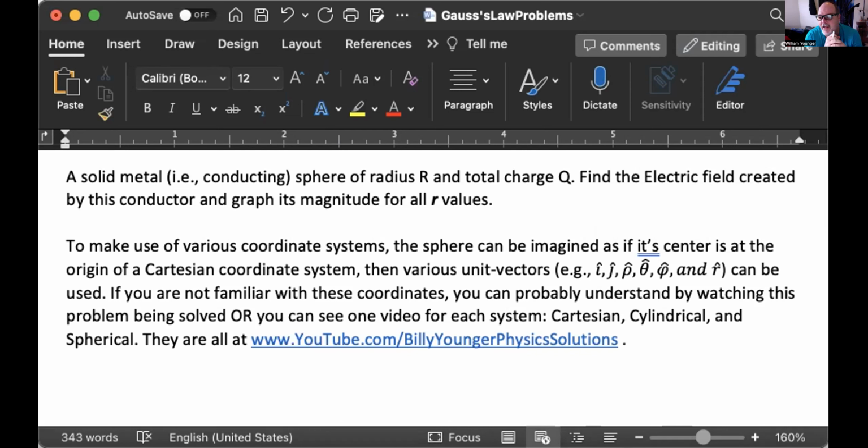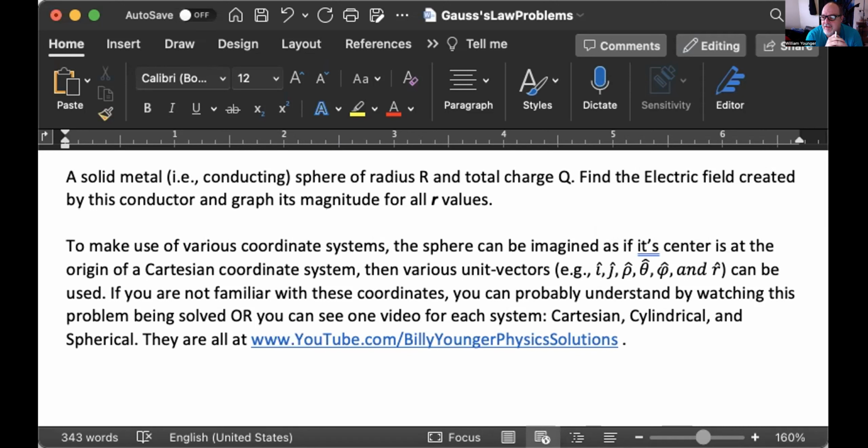It also has theta hat, which is a unit vector that points in the direction of increasing theta, the azimuthal angle, in spherical coordinates as well as cylindrical coordinates, and it only has x and y components.